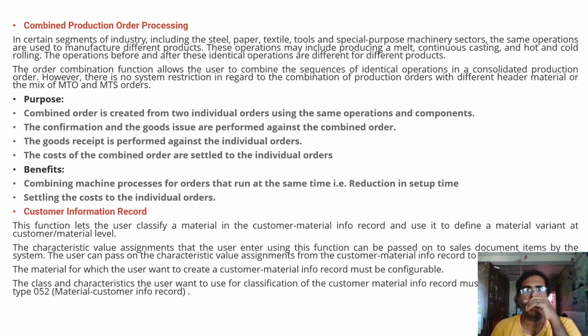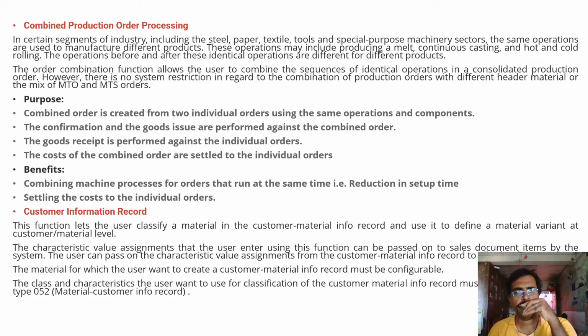So we are combining those orders only for goods issue, but goods receipt should be performed for the individual orders. So we can track for which production order we did goods receipt, so that tracking and tracing of material is possible. The cost of the combined order is settled to the individual orders.